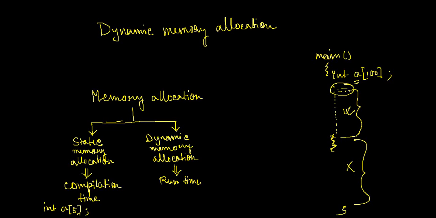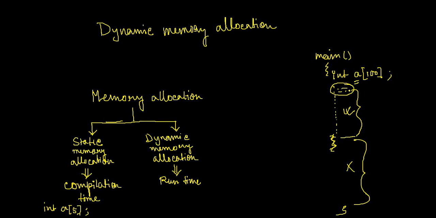It would be better if you are able to allocate the memory whenever it is required and deallocate the memory whenever the job is completed, so that the same memory location can be used by another variable at some other point of time. This is actually what dynamic memory allocation does.